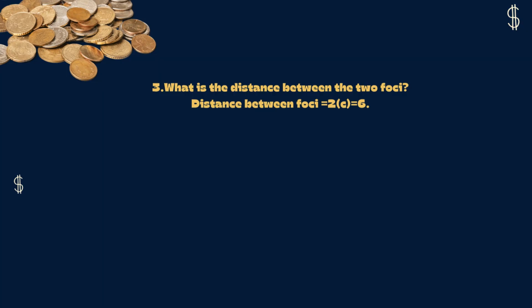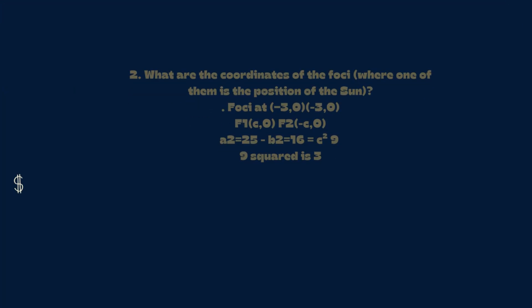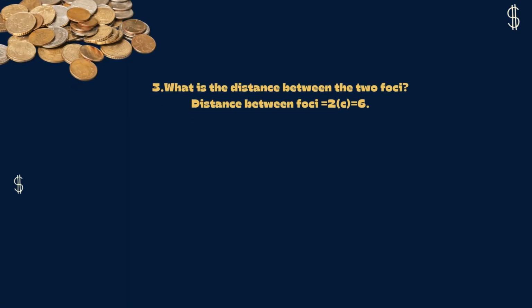Since the two foci are equally spaced from the center, meaning they have the same length from it, what you're going to do is 2 times c, which we know c in this equation is 3. So 2 times c is 6, or 2 times 3.